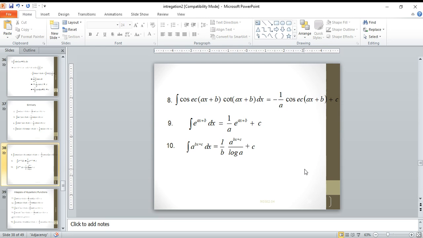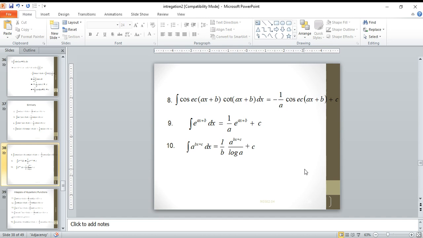The formula for cosec x into cot x is minus cosec x, so divide by a: minus cosec ax plus b by a. Ninth formula: e power ax plus b. The formula for e power x is e power x, so in place of x we put ax plus b, and divide by a: e power ax plus b by a plus c.